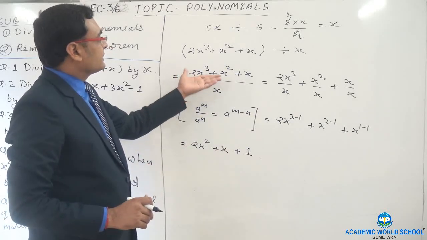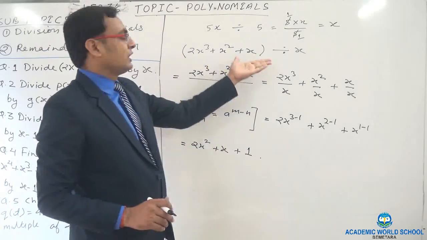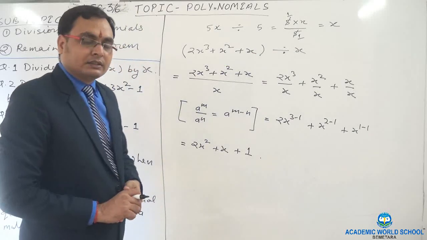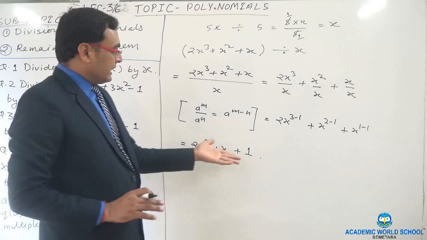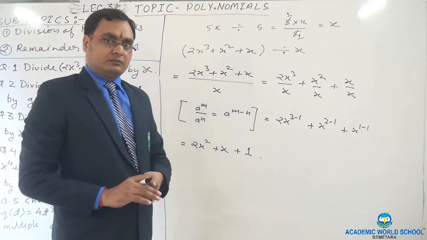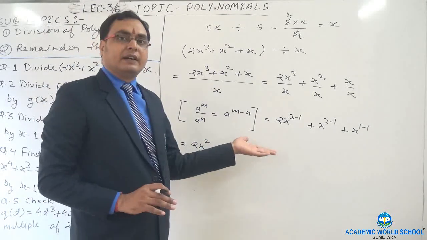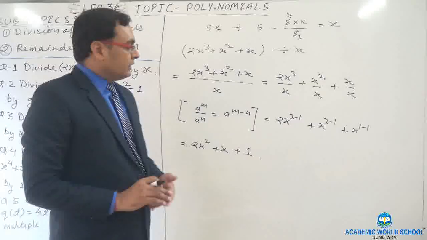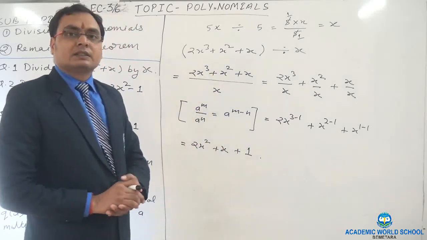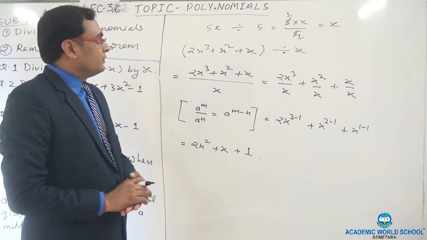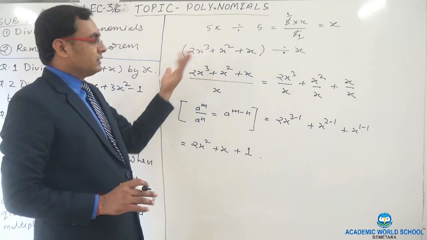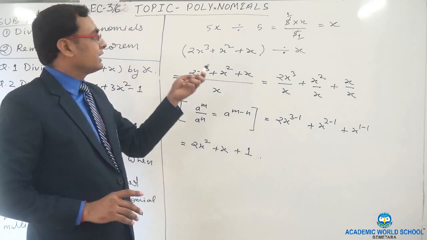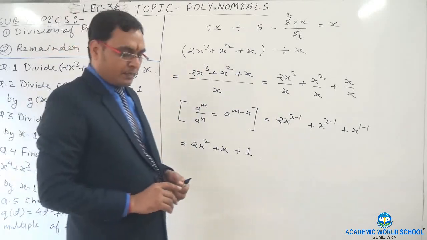When we divide the polynomial 2x cubed plus x square plus x by x, as this is completely divisible, we are not getting any remainder here. There is no term which is left undivided. So it completely divides this polynomial. So we can say this x is a factor of this polynomial, obviously, because it is dividing this polynomial completely.